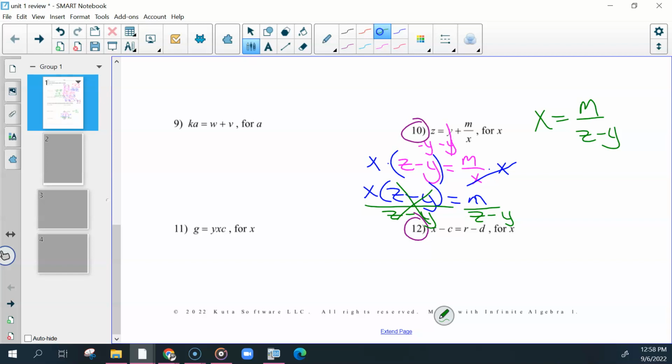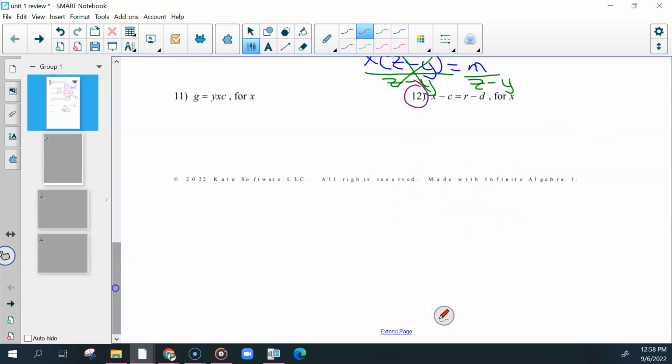Questions on 10 before we do 12? For 12, you're trying to solve for x. I'm going to rewrite this because I'm writing this everywhere. We got to get rid of c, so we could add this to the other side.